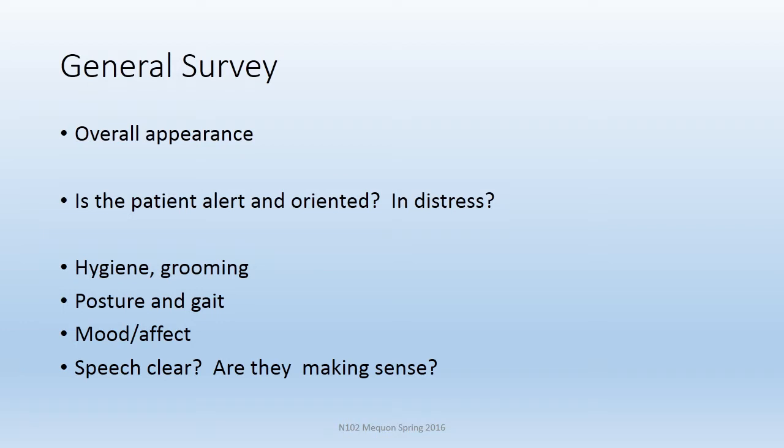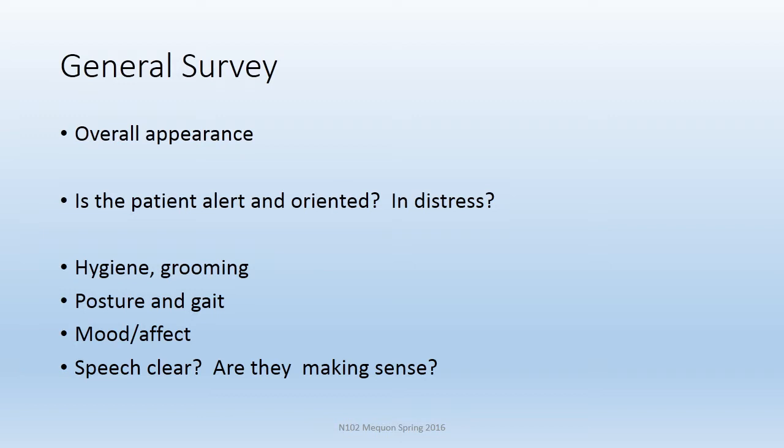You can also determine through conversation and also observation and inspection whether your patient is experiencing any distress. Is your patient able to answer questions without getting short of breath or experiencing pain, for example? Is your patient's speech clear? Are they making sense? Are they cooperative and able to follow commands?